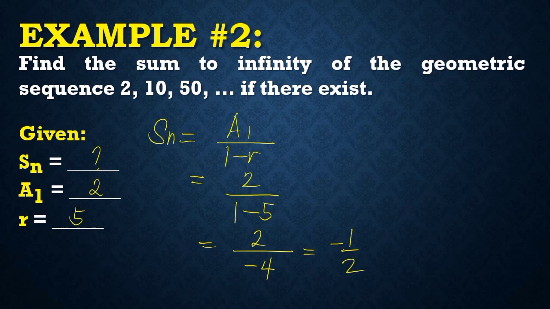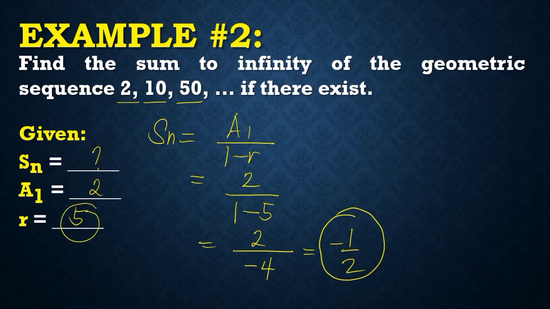So if we simplify 2 over negative 4, that is negative 1 half. So kung papansinin natin yung mga terms, 2, 10, 50, puro mga positive. So hindi po magkakaroon ng sum na negative 1 half. Na ang mangyayari doon, titignan natin yung common ratio. So yung common ratio natin ay 5.